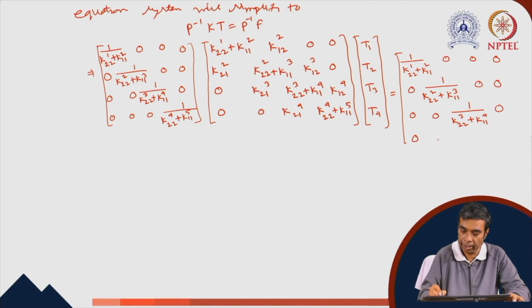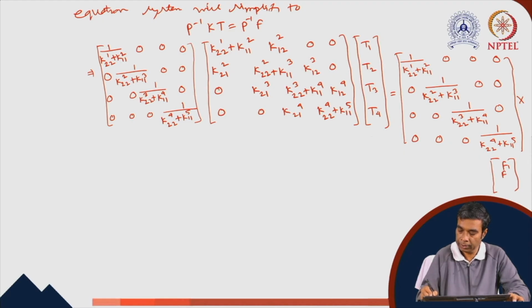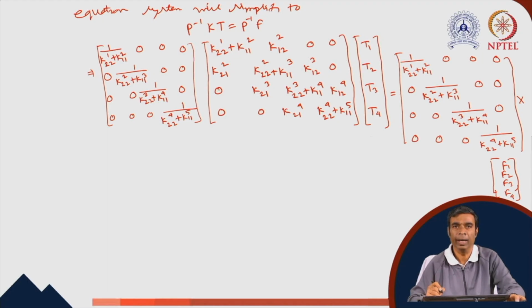In the last row 0, 0, 0, 1 by K^2_24 plus K^1_15. Similarly, on the right hand side we get the same matrix P inverse, multiplied with the load vector F: F1, F2, F3, F4 that we have written at the element level.